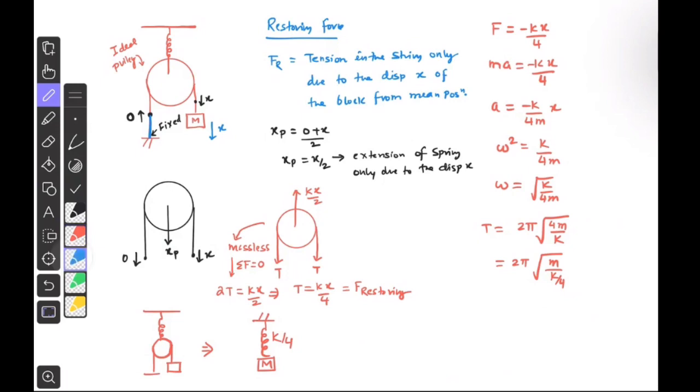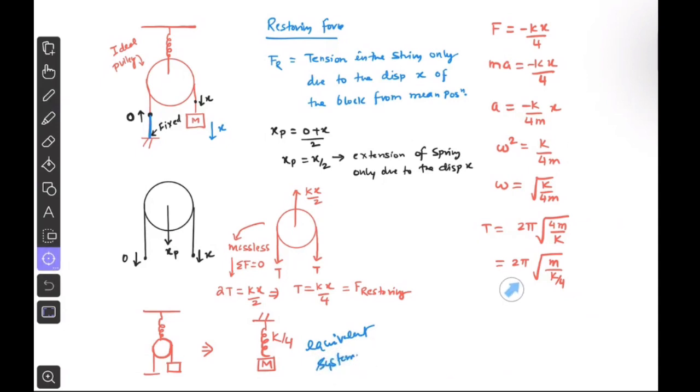So I can say this is kind of an equivalent system for the given system. Suppose I want the same time period but using a spring block in the vertical plane. What spring constant must I use for the k by 4? Understand this thing?